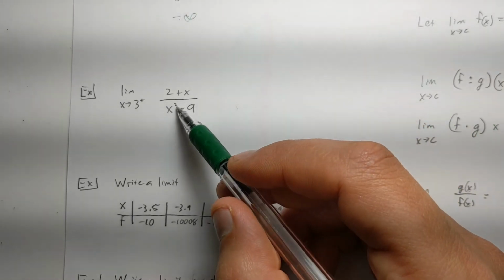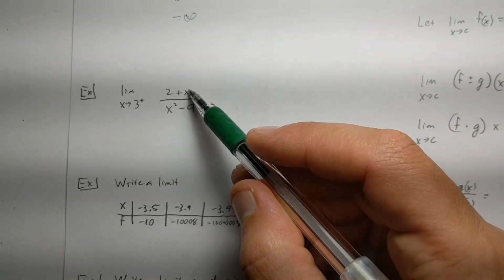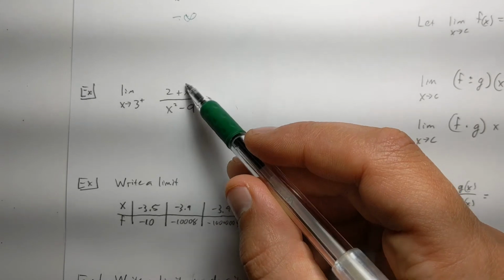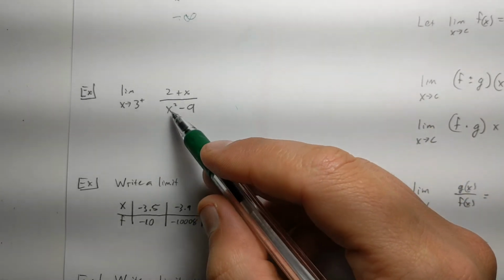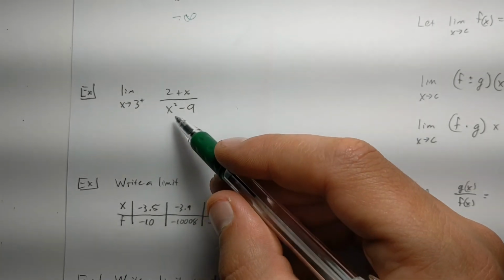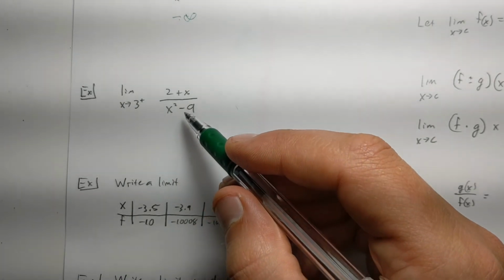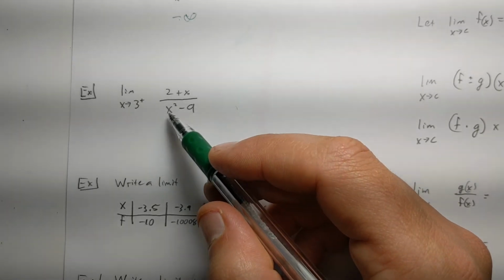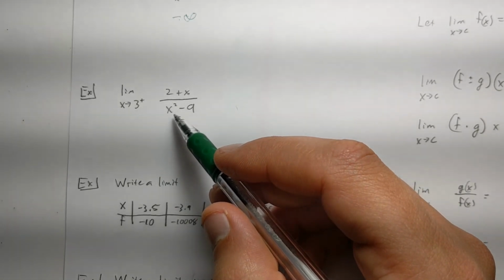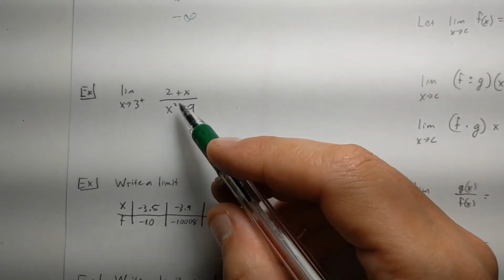Down here, approaching 3 from the positive side. So 3.01, that's going to be getting really, really close to 5. 3.000001. It's going to be like 9. Let's say square it, 9.000001 or 9.0001 or something like that.